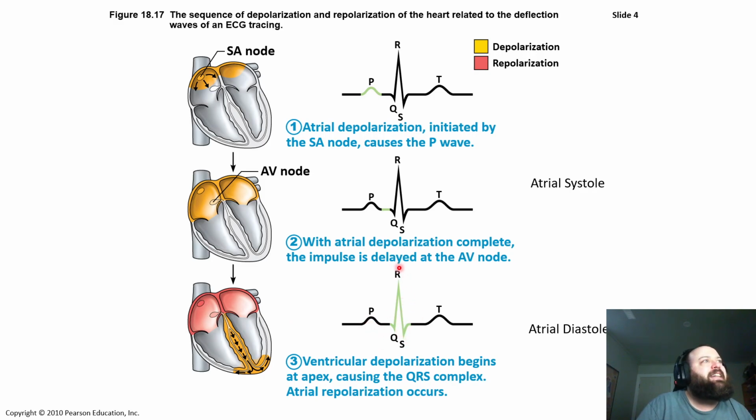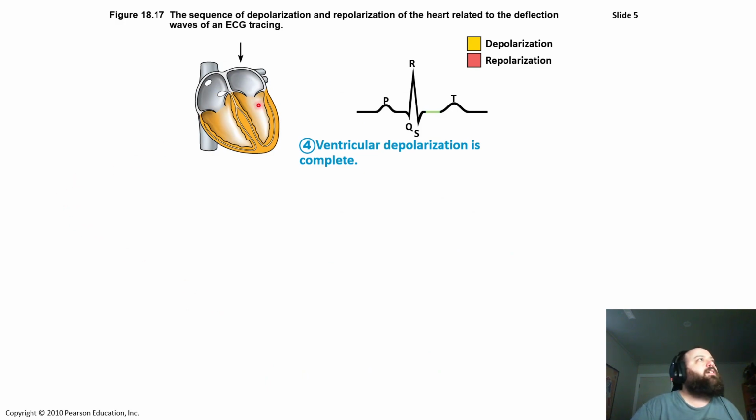But simultaneously, and kind of masked by the enormous size of the ventricular depolarization, is the fact that the atria are now repolarizing. They're actually starting to expand or relax again. So atrial diastole is taking place at this point. Now, as you can see in the picture, the action potentials have spread all the way out through the ventricles, up through the Purkinje fibers.